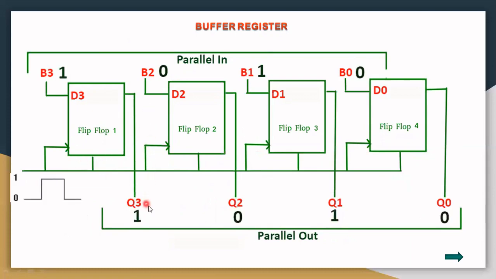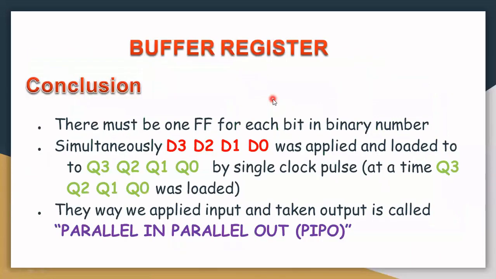Simultaneously, all the data will appear at the output. Therefore, it is called parallel output. We are entering data at a time. Therefore, it is called parallel in. Therefore, this register is called a parallel in, parallel out, PIPO register.